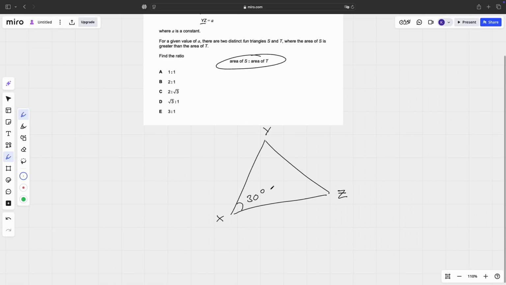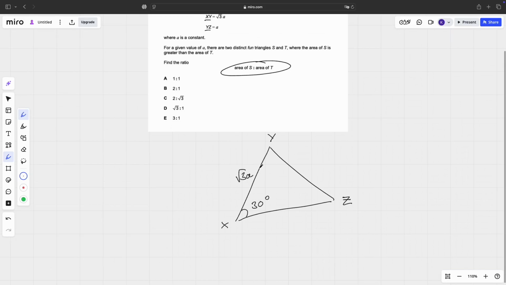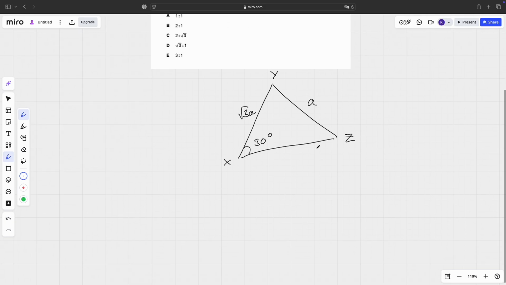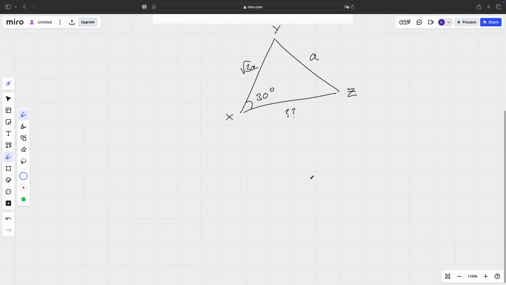We know that xy is square root of 3 times a, and we know that yz is equal to a. Over here, we're basically asked to find the missing sides, and there will be two answers, as a matter of fact, and you'll see later why.